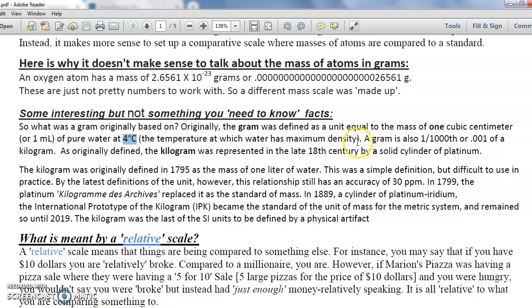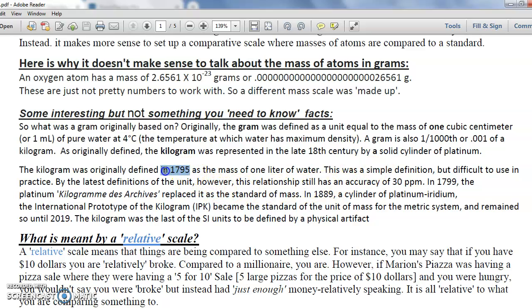The SI unit for mass is the kilogram. A gram is 1/1000th of a kilogram. So what's a kilogram defined to be? And again, this isn't anything huge, but this is just something worth talking about now. Well, there was a time where a kilogram was the amount of mass occupying a solid cylinder of platinum.